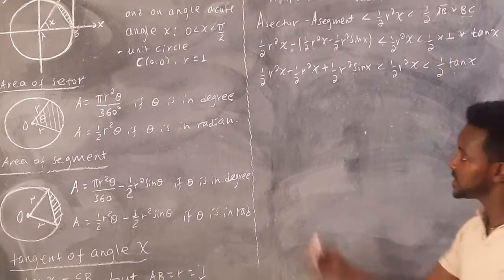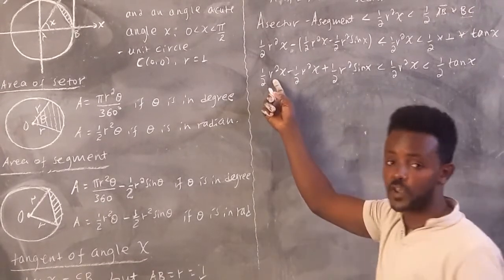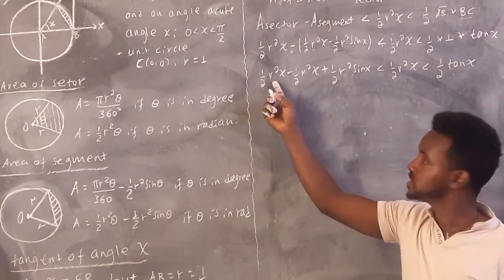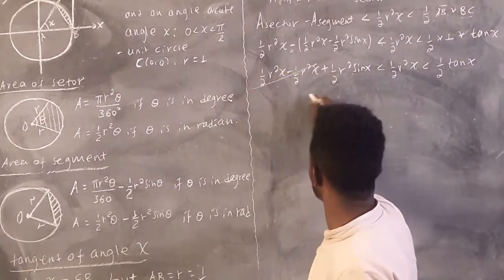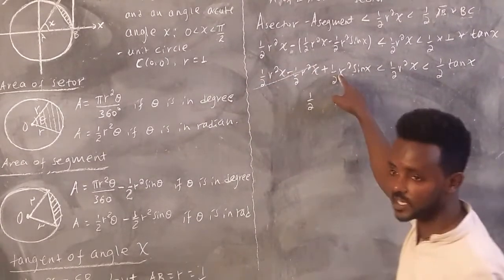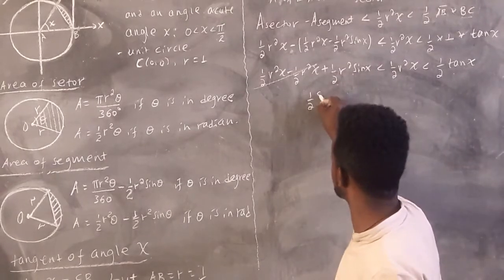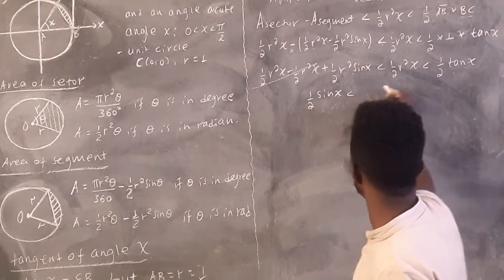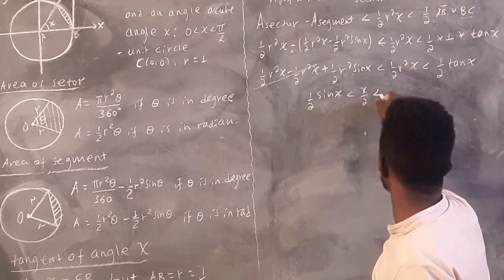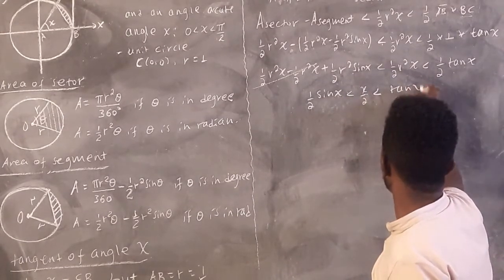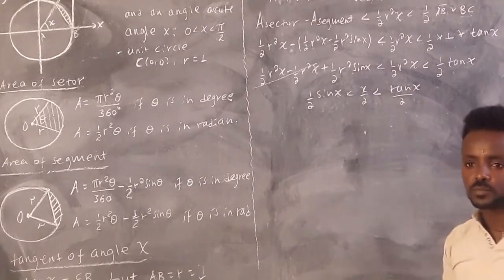Remember that the radius of a unit circle is 1 unit. So half times sin x is less than half x, which is less than half tan x.